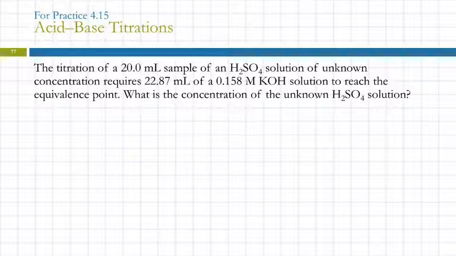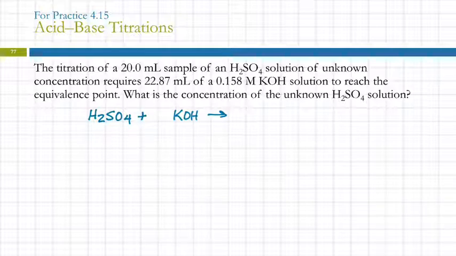So we've got H2SO4 and we've got KOH. So those are our reactants. We don't really need to worry about whether they're aqueous or solid or liquid or anything. We can just leave the state symbols out for these reactions. So I've got H2SO4, and that's reacting with KOH.